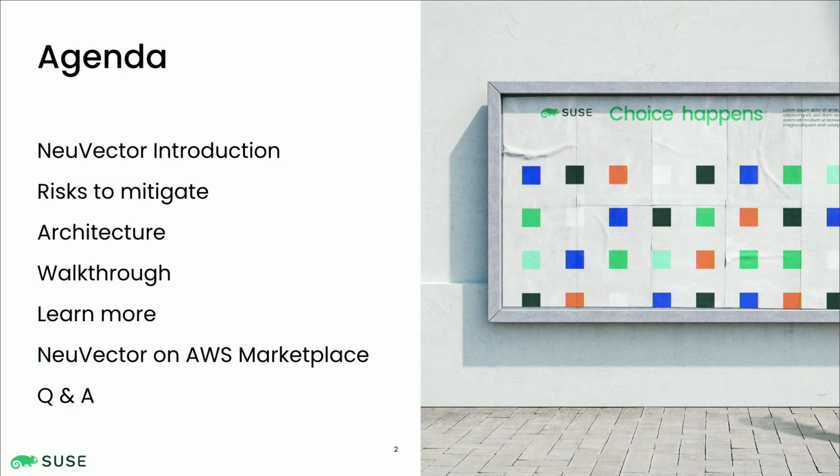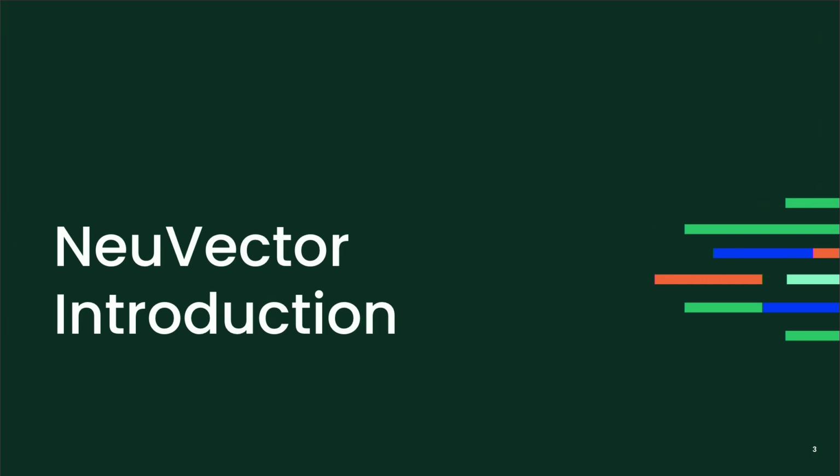Then a walkthrough where we really see, okay, I trigger this, then this happens, so that you get an understanding how it actually works. Then some resources where you can learn more about that solution and dive even deeper on it. And then we take a look on NeuVector on the AWS Marketplace. And now it's up to Kevin.